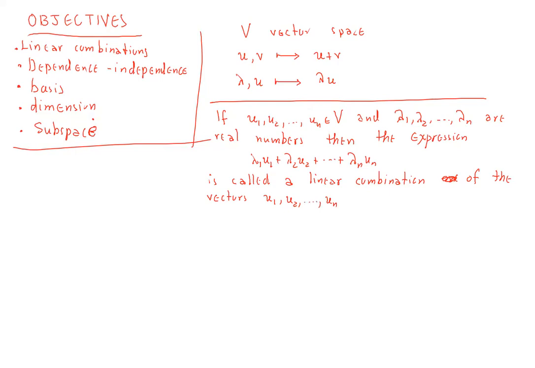Okay, this is called the linear combination of these vectors.